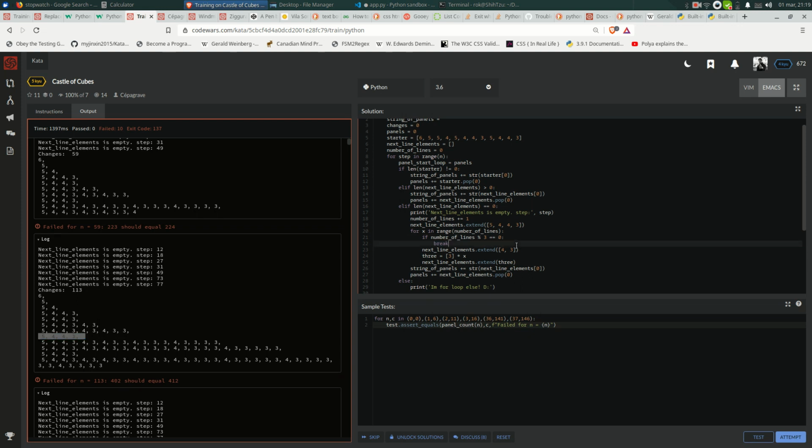So if number of lines modulo 3, instead of breaking the whole thing, we then say, if x equals number of lines, and I think this shall never happen because x started at 0.